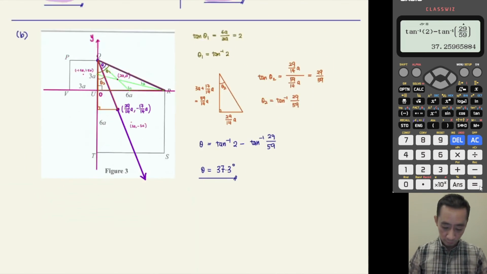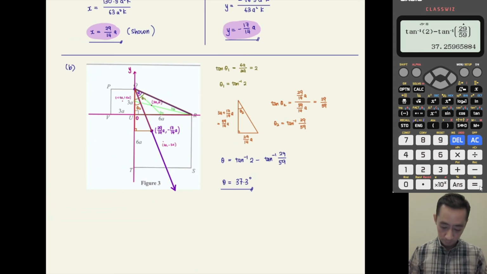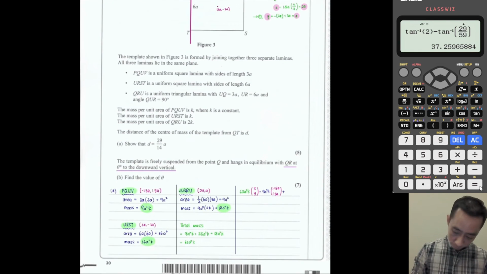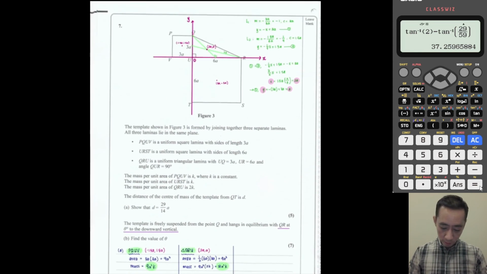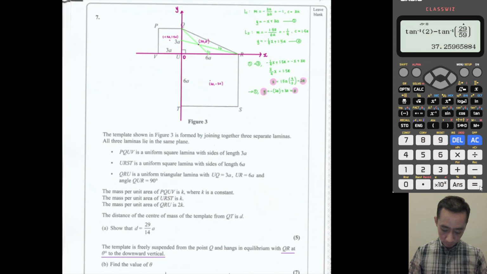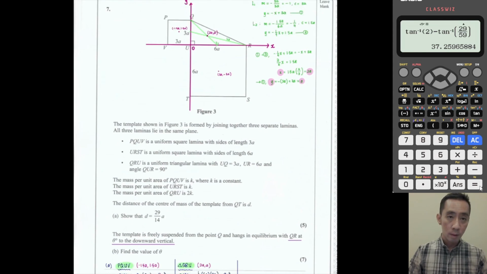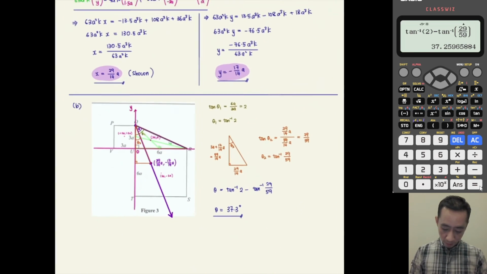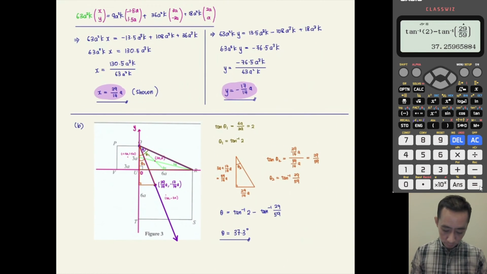So that's it for the second part, B. So maybe I go back here. So this is the question and the solutions for A and B.